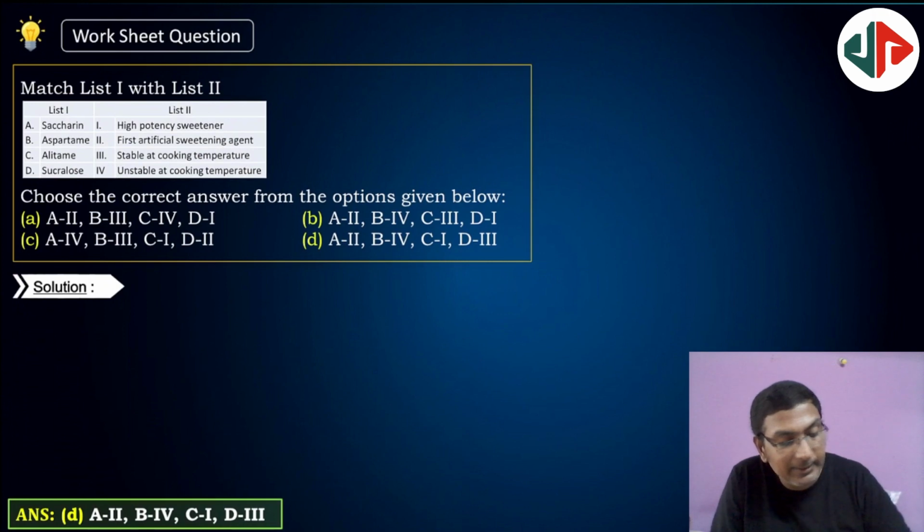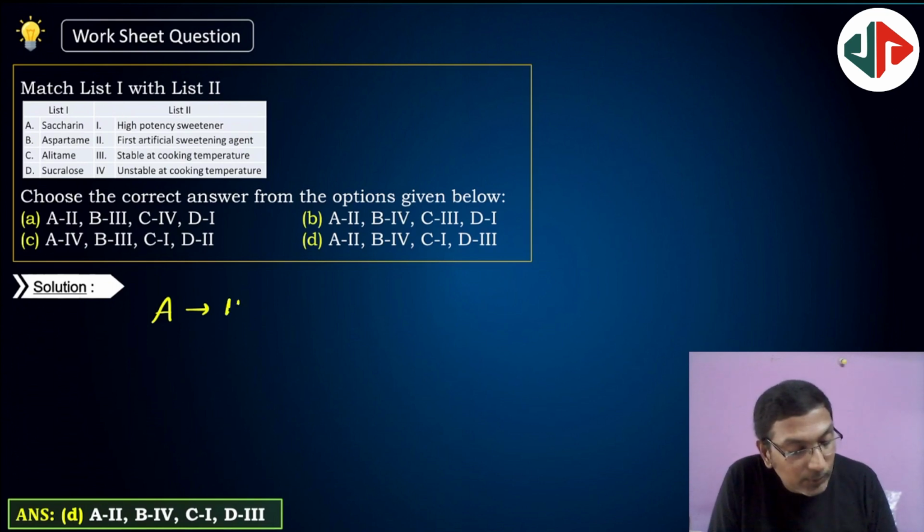So matching: saccharin, A. A is 2, first artificial sweetening agent. B, aspartame, unstable at cooking temperature.